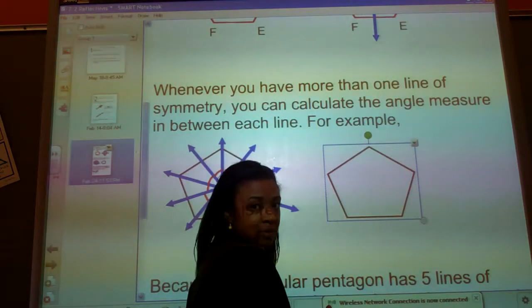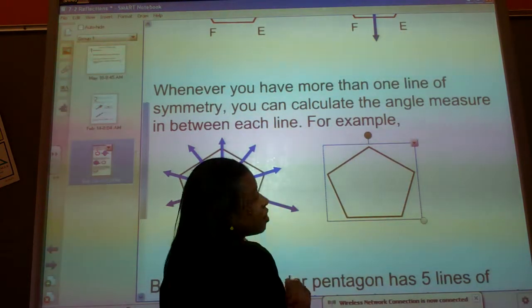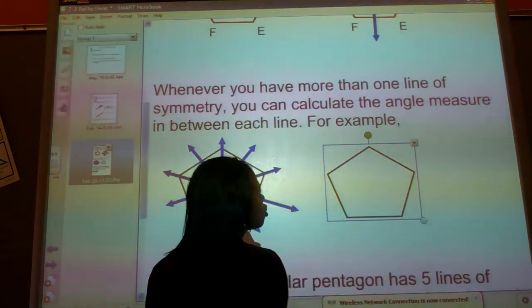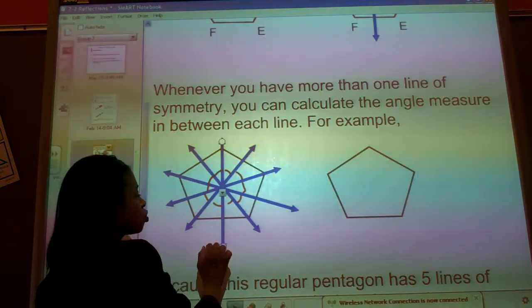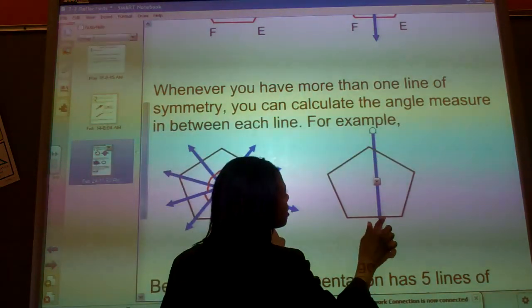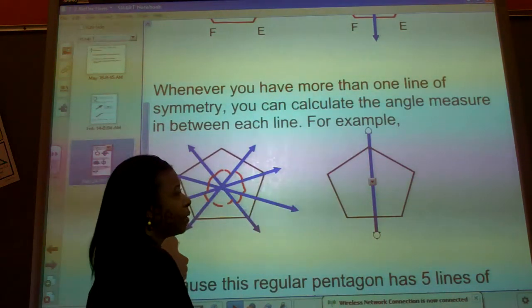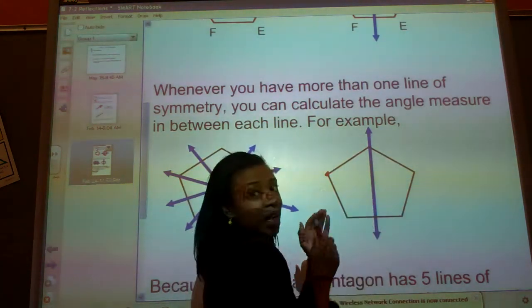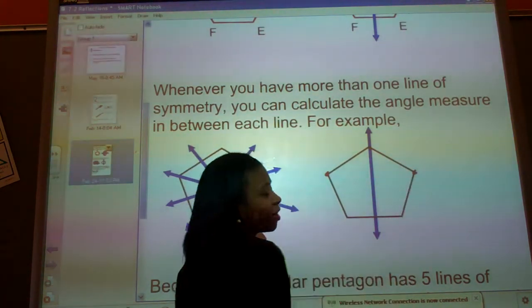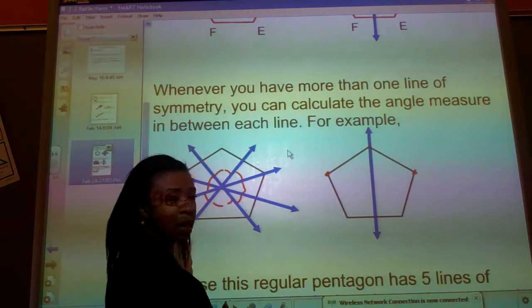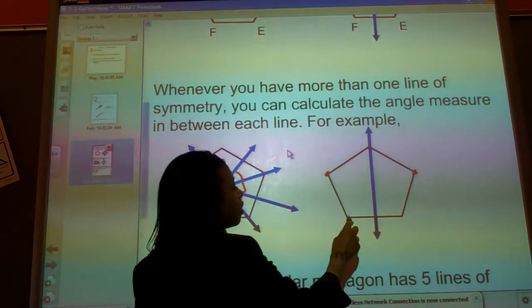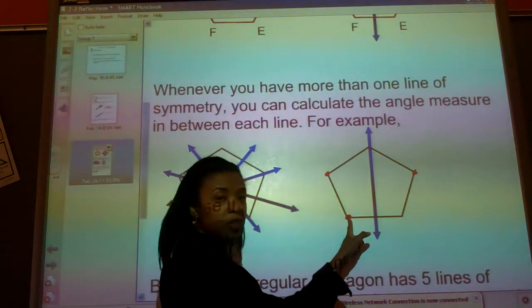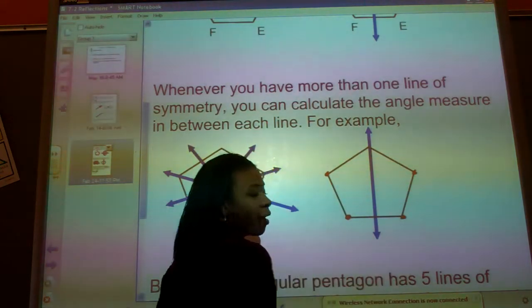I create the line of symmetry, and that means that each point will have a twin. So the first line of symmetry I drew is here. Okay? That means if this point here has a twin, if I fold along that line of symmetry, that twin is right there. If I use this as my line of symmetry. Okay? That's my line of symmetry. This twin will be there.